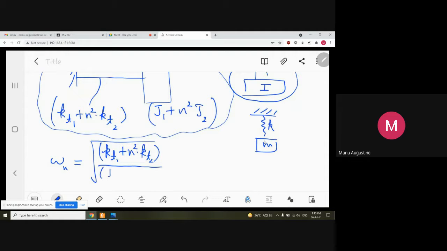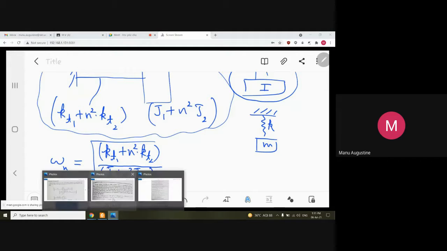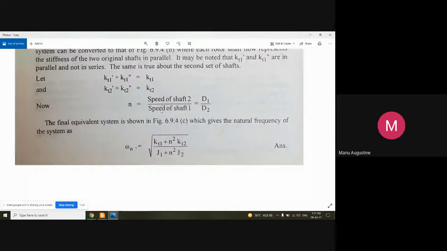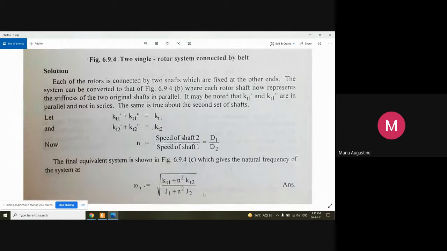Simply write down the values, that's all. This is your answer. Let us check. Okay, so we have arrived at the right answer. I hope you have understood how we solved this problem.